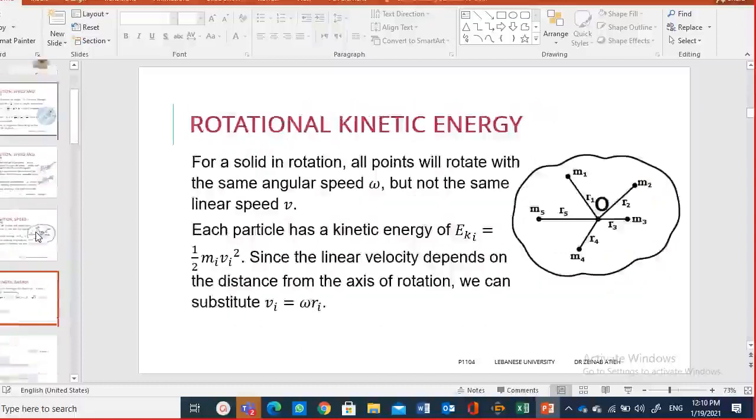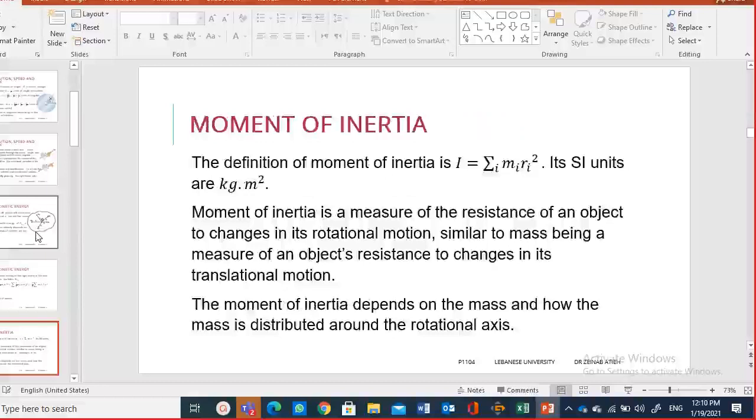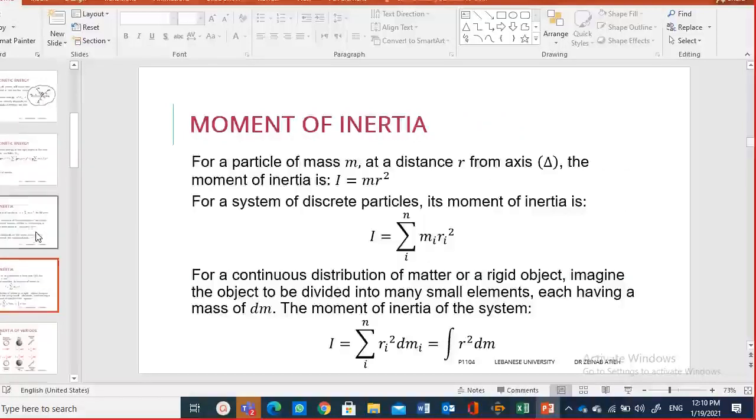I've explained the rotational kinetic energy if the object is rotating and not translating. So E_k is equal to half I omega squared, where I is the moment of inertia. The moment of inertia depends on the shape of the object and also depends on the position of the axis of rotation. So I gave you formulas. First for a single particle, I is equal to m r squared, okay, for a single particle.